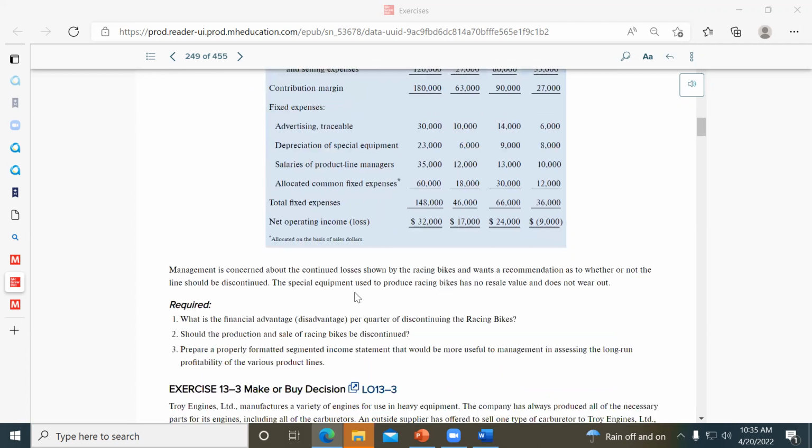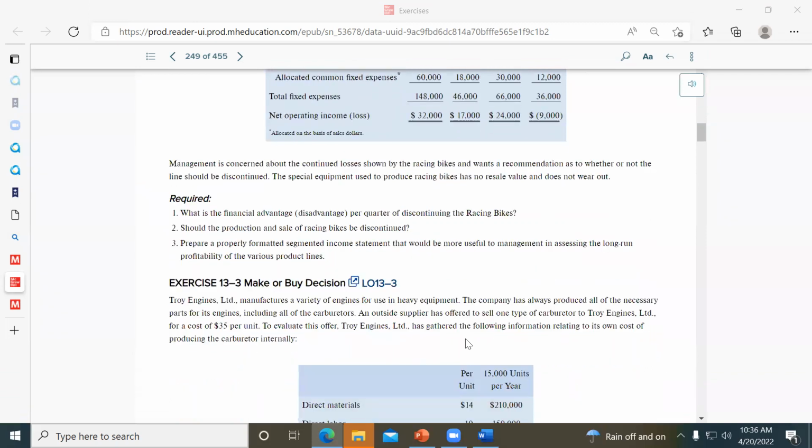Management's concerned about the continued losses shown by the racing bikes and wants a recommendation as to whether or not the line should be discontinued. The special equipment used to produce racing bikes has no resale value and does not wear out.